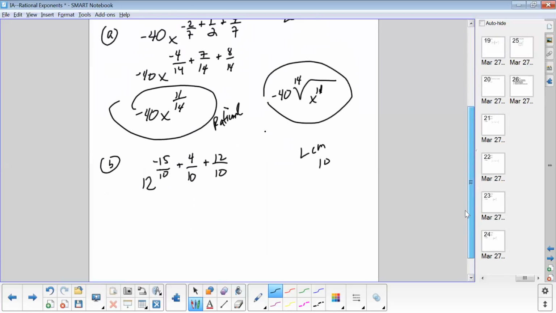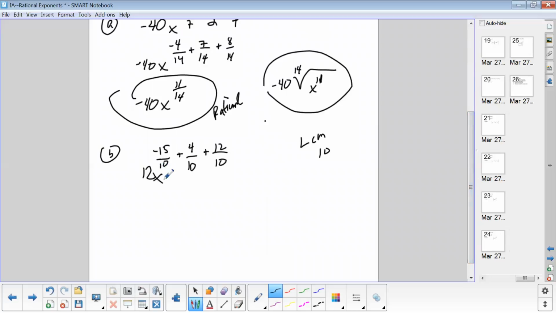And that is a base of x. So I need to make sure I have my x. So 12x to the, this is negative 15 plus 4 is negative 11. Negative 11 plus 12 would be 1/10.